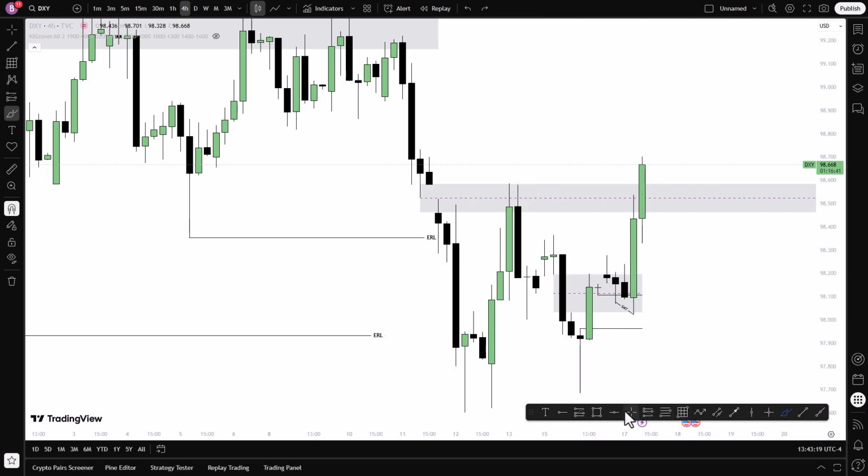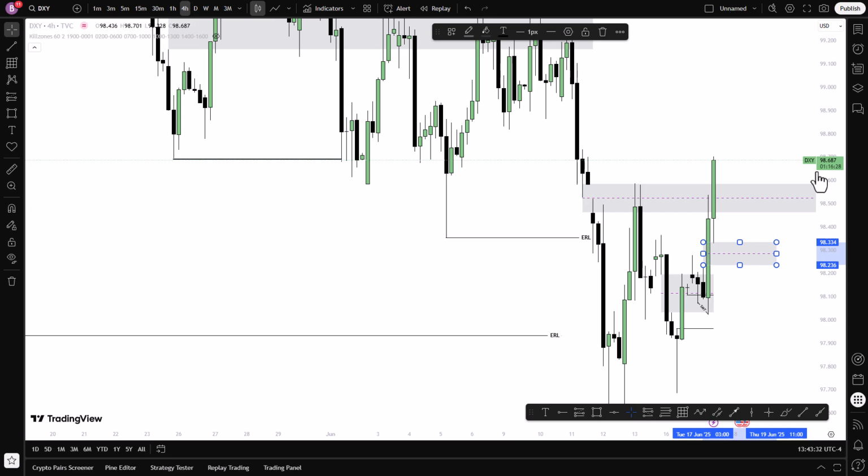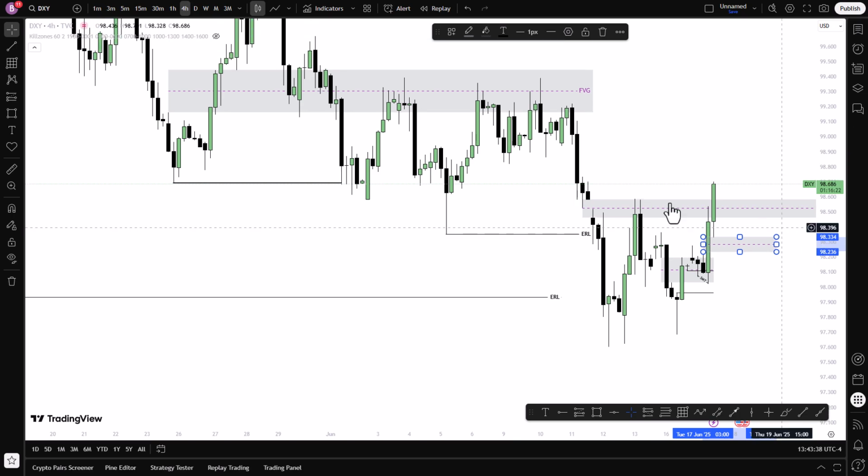I'm expecting to see price coming into this level, because this is a potential fair value gap, so that we can trade up to this fair value gap.